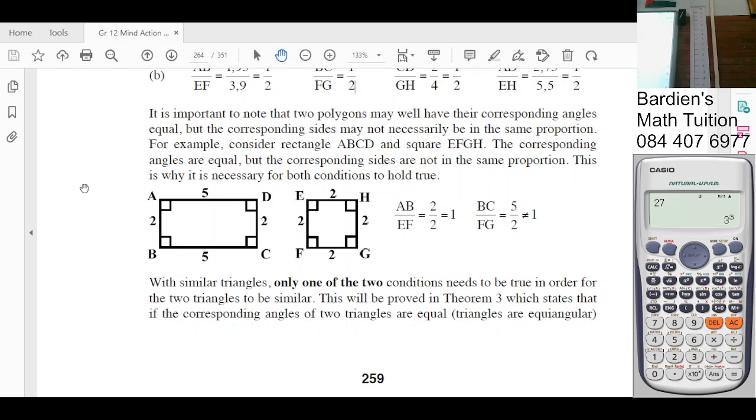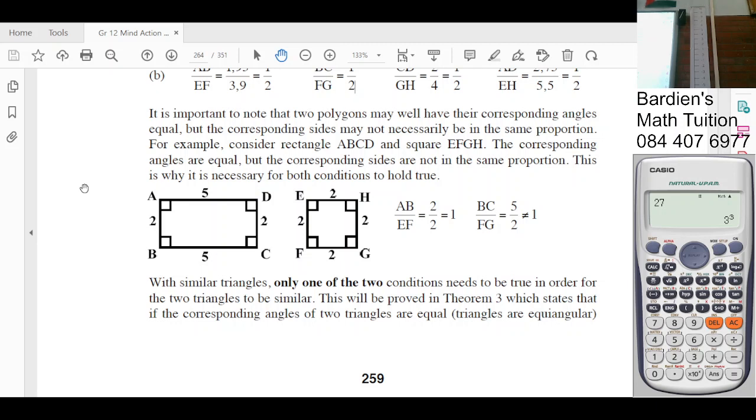Now here's an example where the first condition is met. Because are the corresponding angles of A, B, C, D equal to the corresponding angles of E, F, G, H? Yes. All the angles are 90 degrees. But are the corresponding sides in proportion?